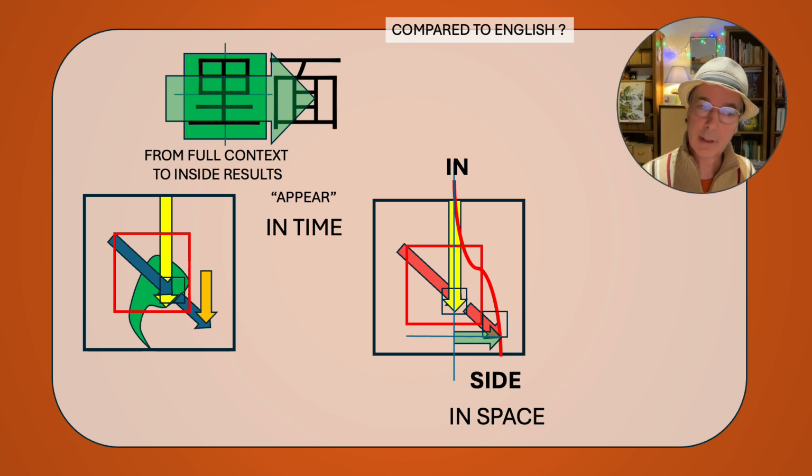I said that every character in Chinese needs the context of timings, how we have to see it in time. So we have here the full context to the inside results which appear. That's how we see that in time. What is inside needs to appear at a certain point in time, and that's what has been described.